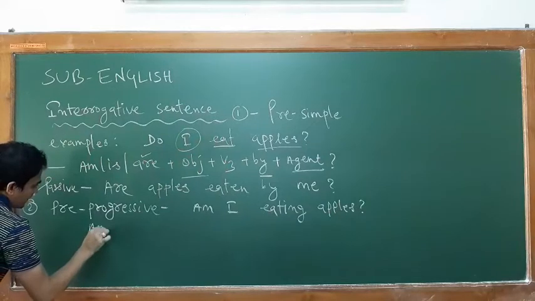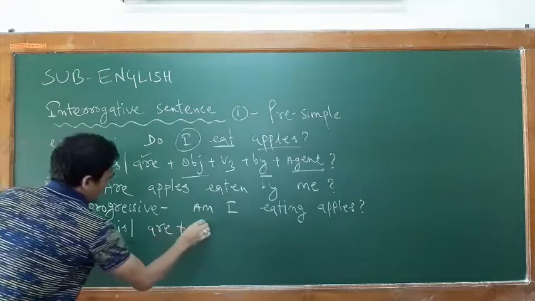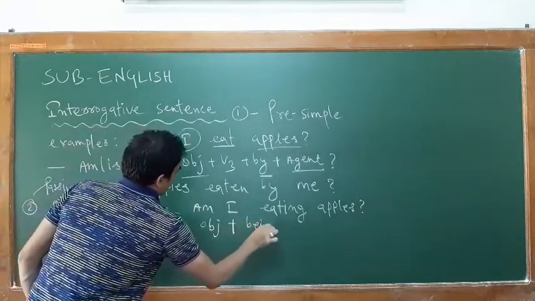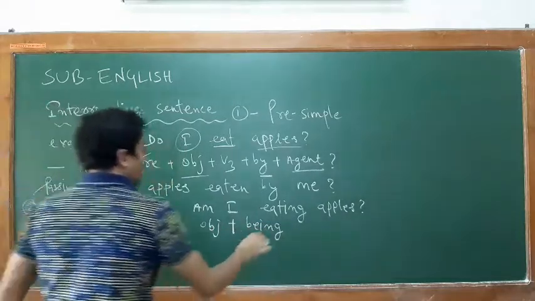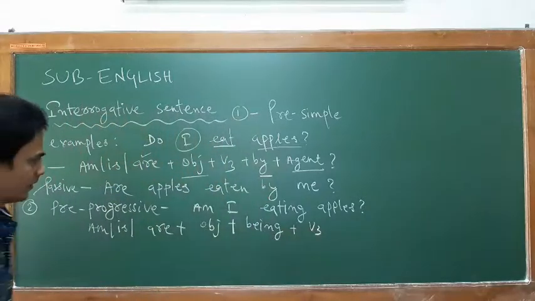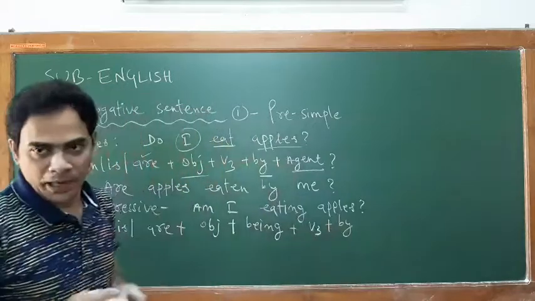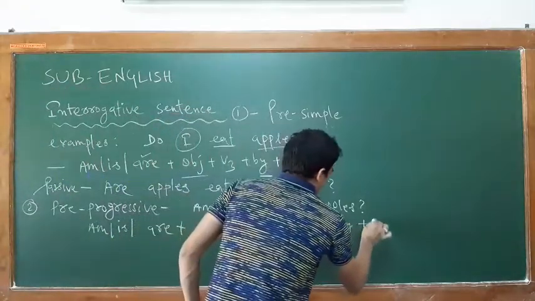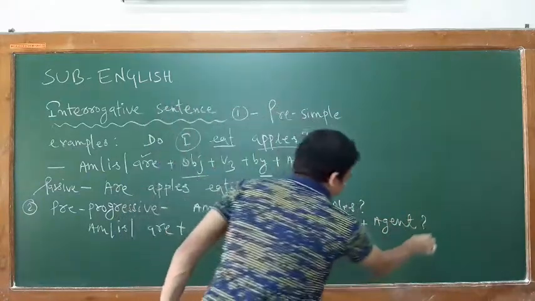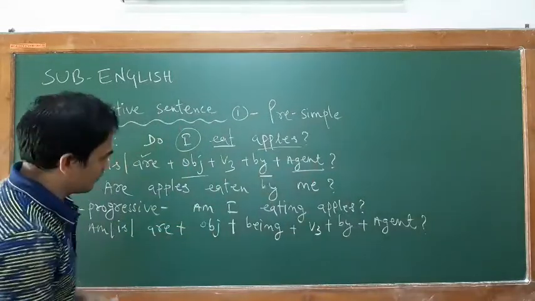Now you can go with this particular structure: is or are plus your object plus extra being verb plus main verb V3 you have to select, plus preposition by every time, then the agent form. Or the subject of your active will go to its object form.